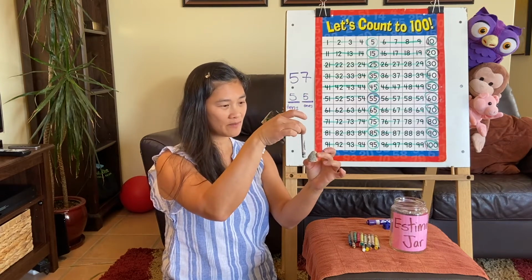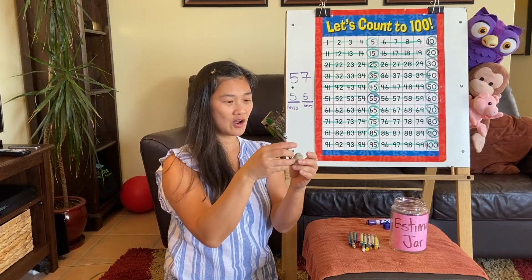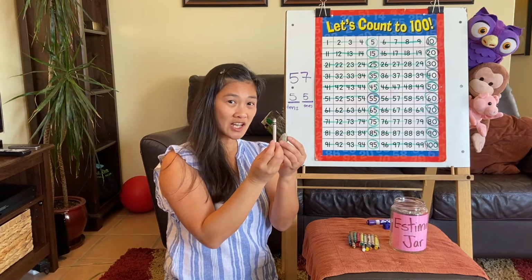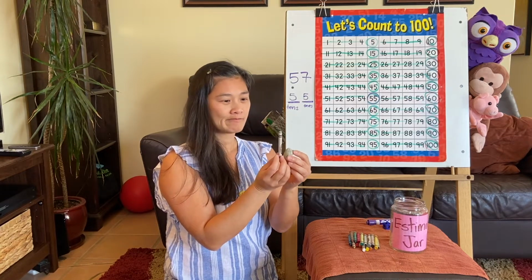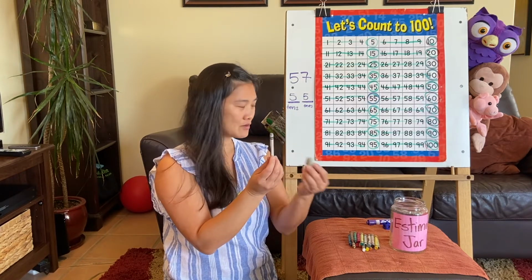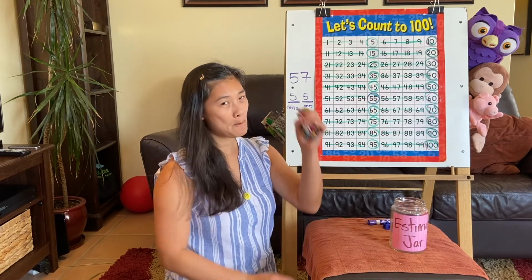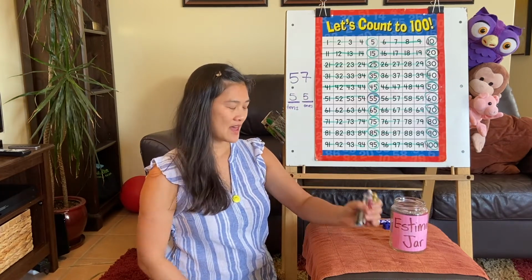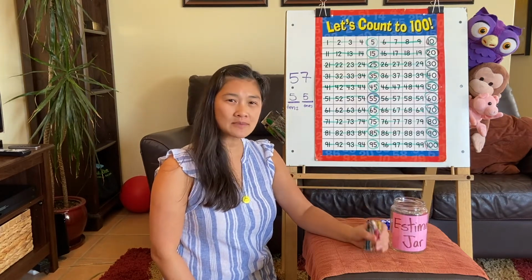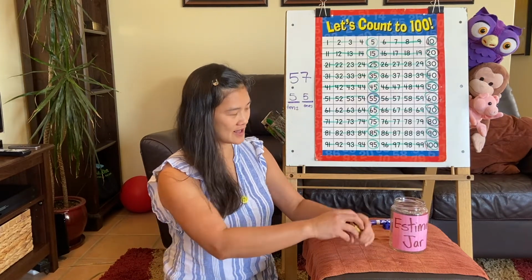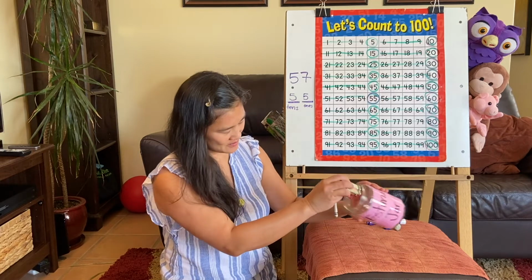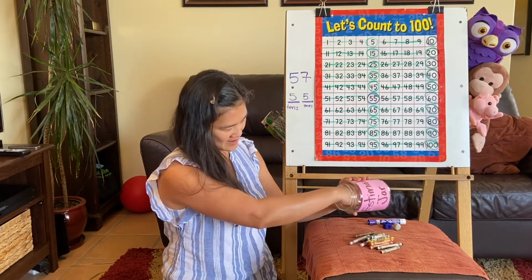Longer, taller, skinnier, all right? They're skinnier than the rock. So do you think we're going to be able to fit more, less, about the same? We'll see. Okay, here I go. I'm going to put them in as best as I can here.